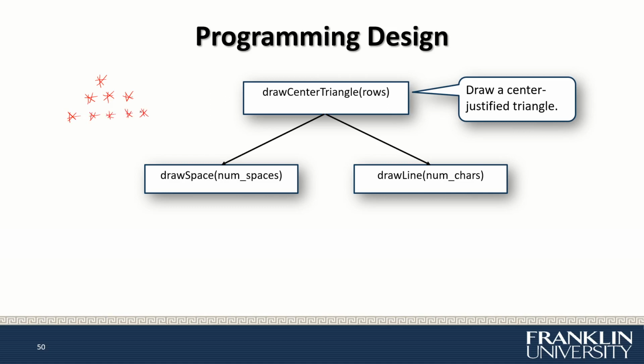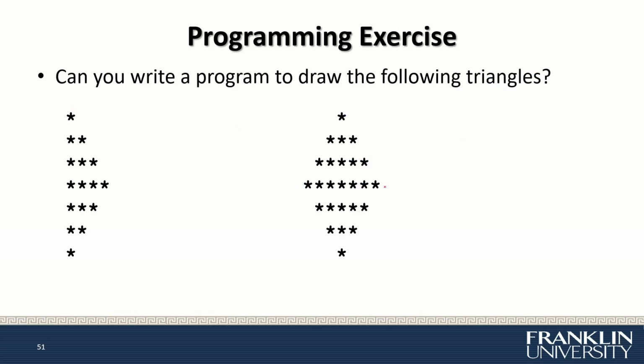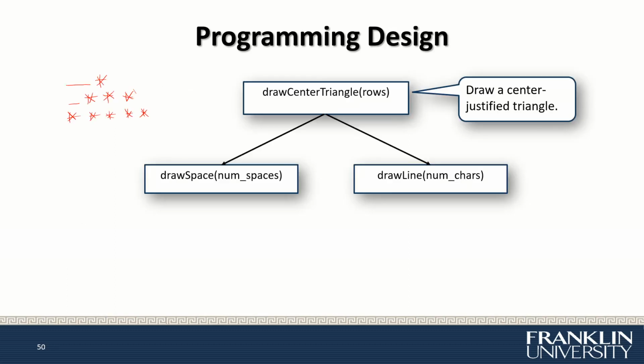Space, what I mean is, there's some space here, and then the asterisks. So I want to be able to draw the spaces and then draw the line afterward. And if I can draw those spaces, I can draw other triangles too.